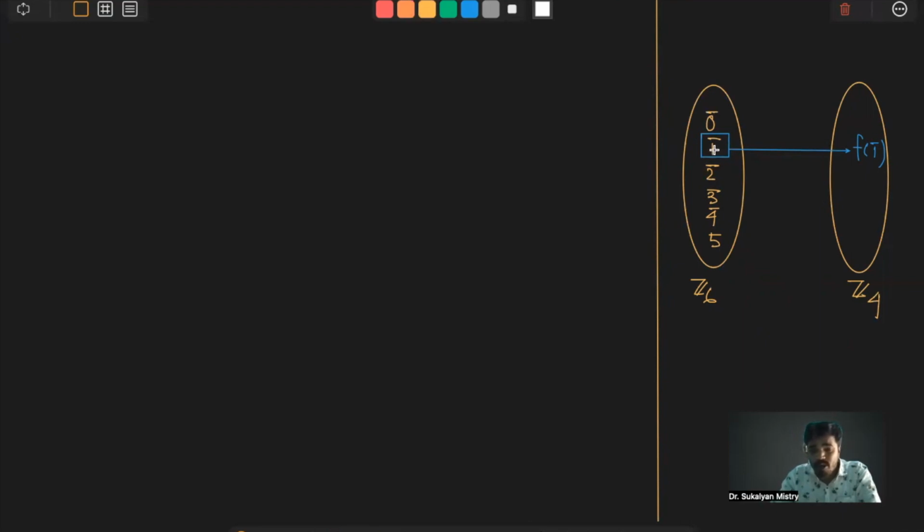Here a is 1 bar. So by property 1, the order of f of 1 divides the order of the pre-image, that is the order of 1.